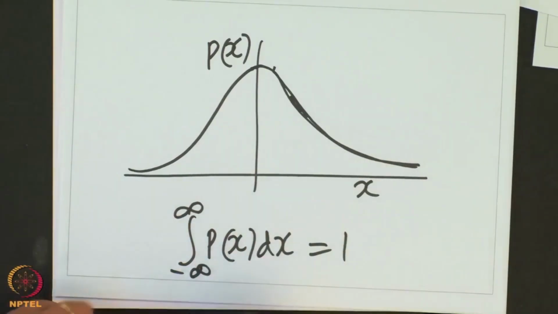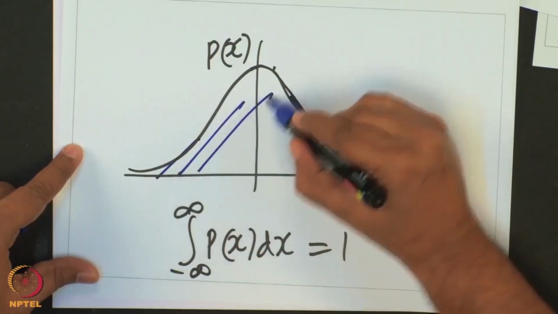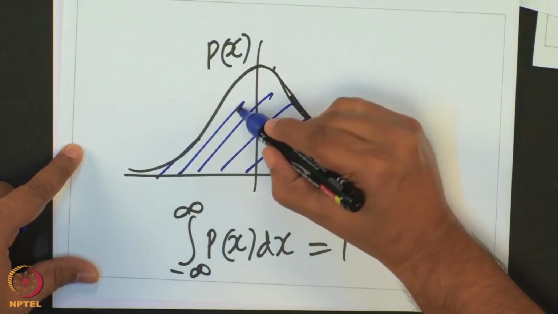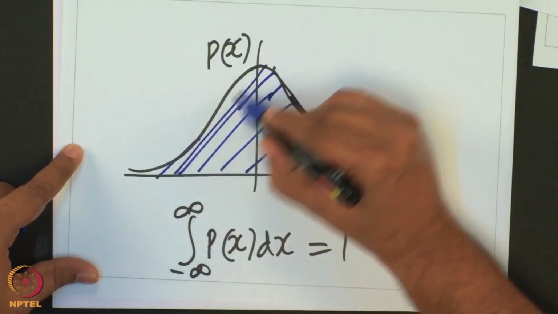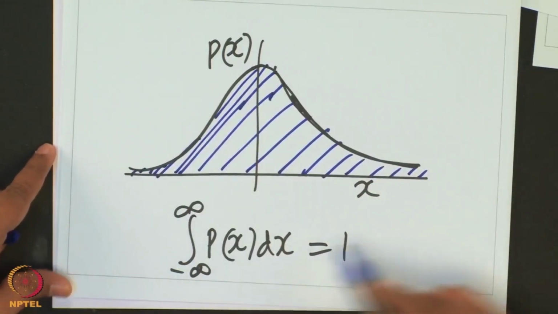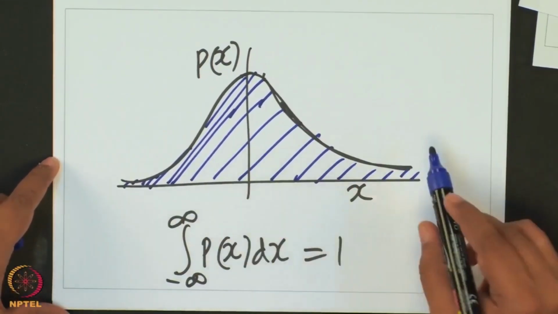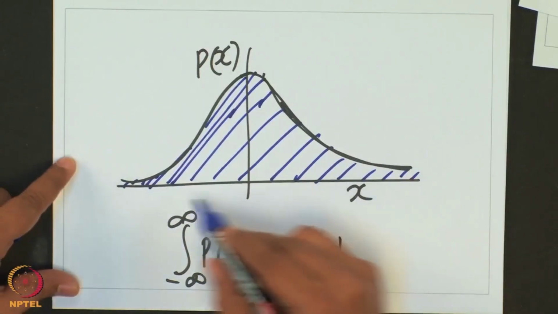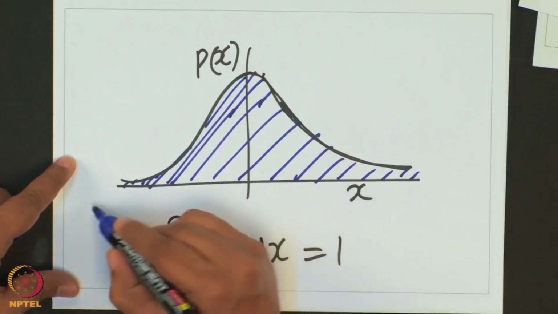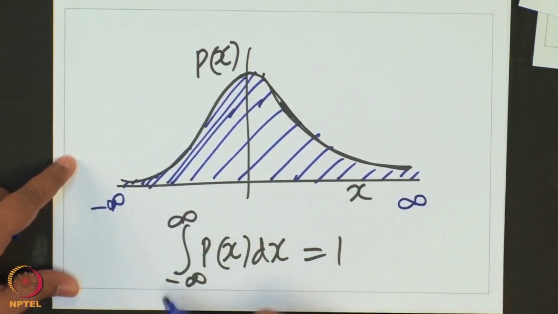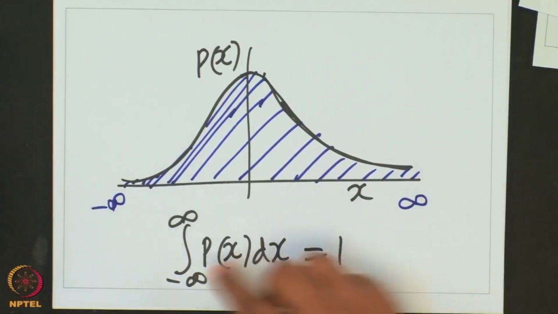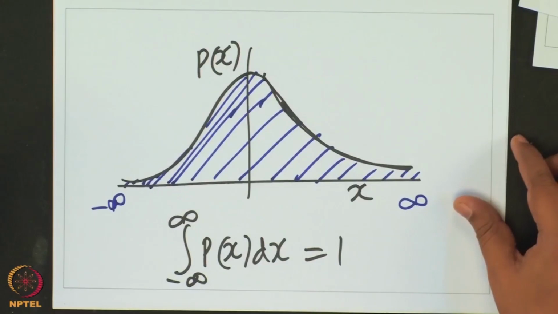If I mark this whole region from minus infinity to infinity, this area is 1. That is what it means. So physically, the probability to get any x value between minus infinity and infinity is 1. You would surely find some of these x values between minus infinity and infinity.